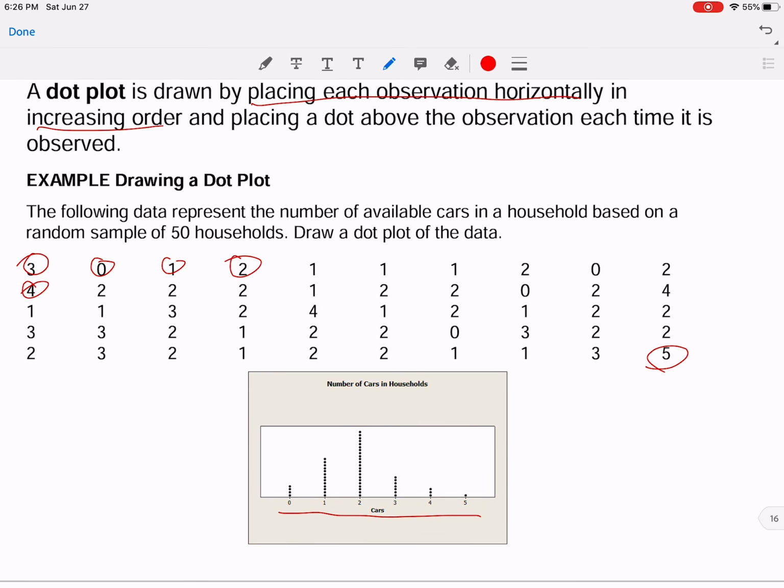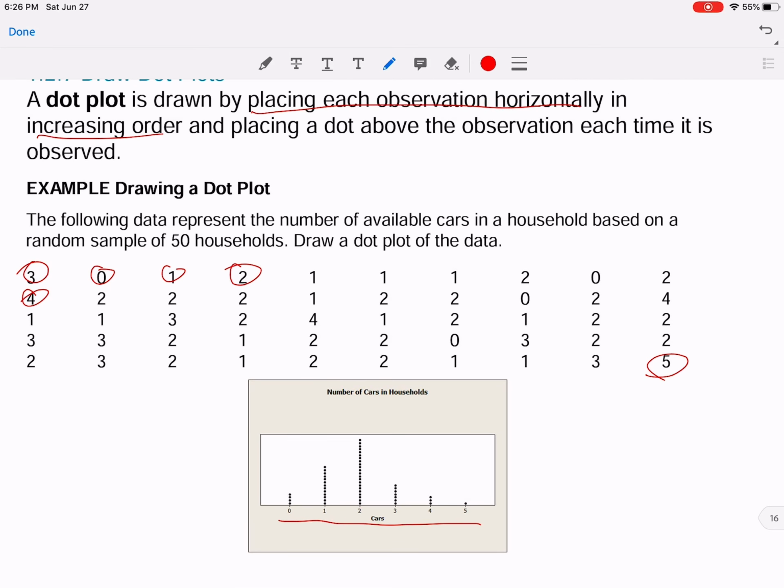And the definition says that we want to place a dot above the observation each time it is observed. For example, the first number is 3. Once we have a 3, we put a dot above 3. Second number is 0. I put a dot above 0. Third number is 1. I put a dot above 1, and so forth.